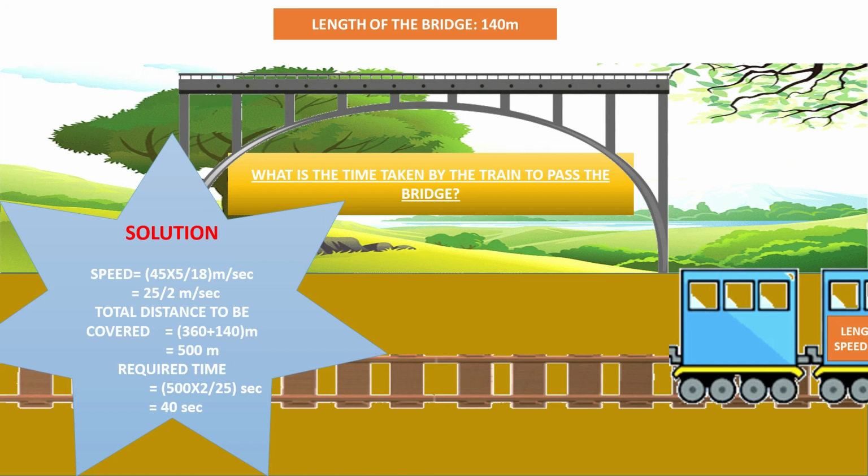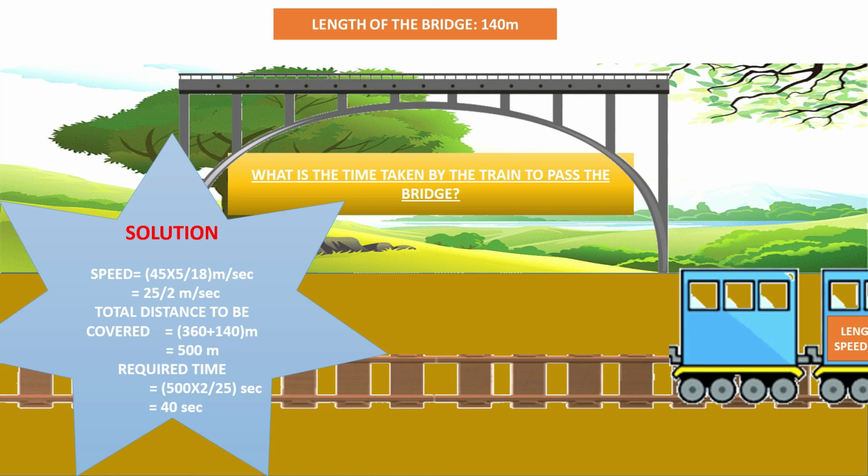Then we have to find the total distance to be covered by the train. So we have to add the length of the train plus the length of the bridge. So 360 meter plus 140 meter is equal to 500 meter. Then we are going to find the time. The formula is speed equal to distance by time. Here we want to find the time, so we interchange the formula: time equal to distance by speed.